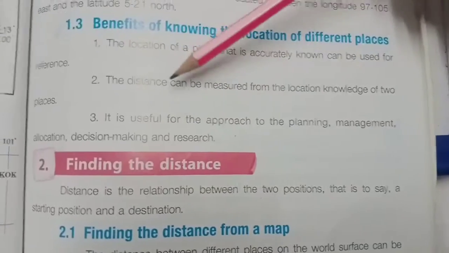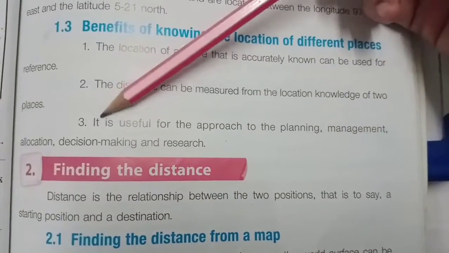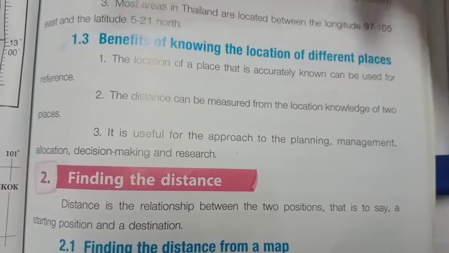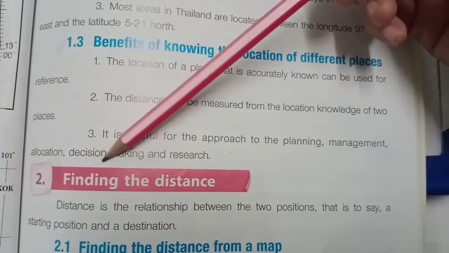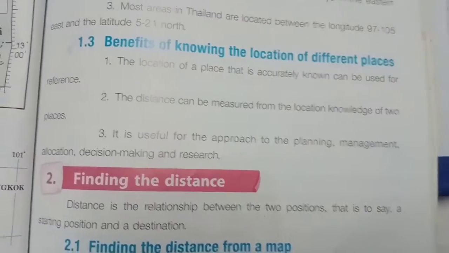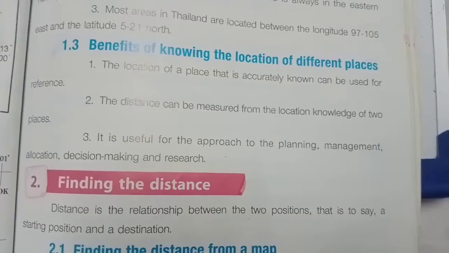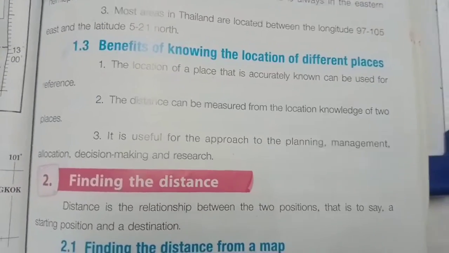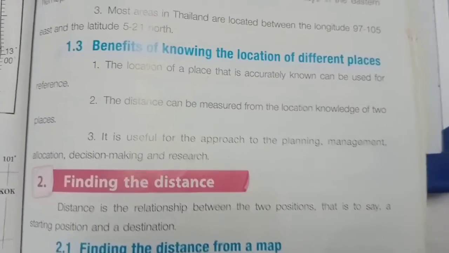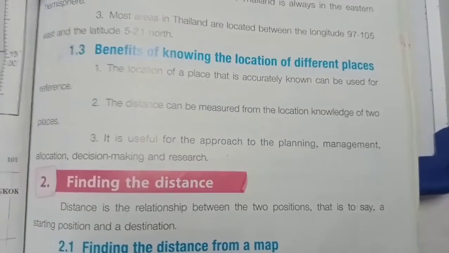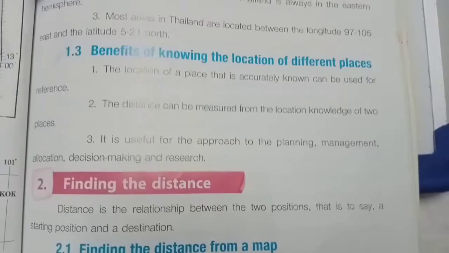Here, number 3, it is useful for the approach to the planning, management, allocations, decision making, and research. Okay, if you would like to go somewhere around Thailand and you didn't know where to go, and you're just looking around at the map, better that you research first, you have a plan first, and you know what to expect in that area before we go.